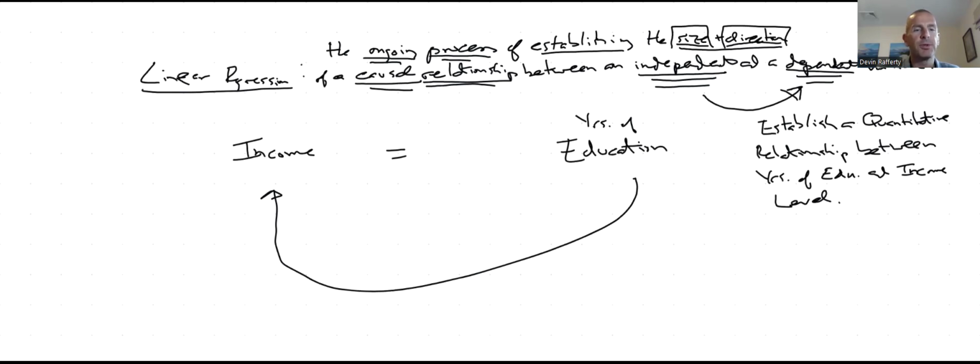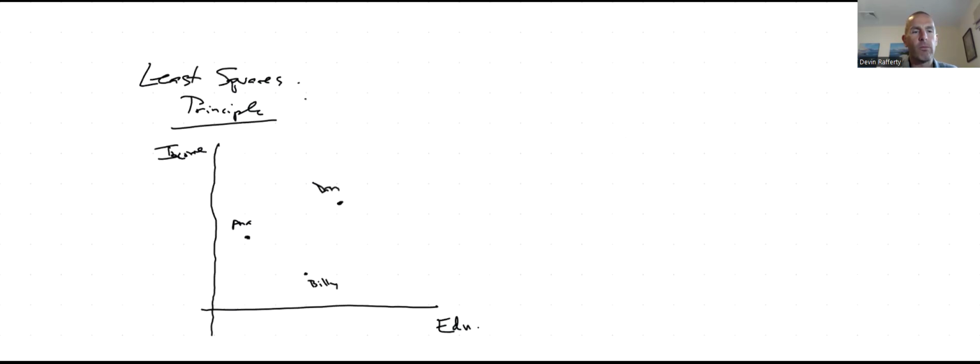And what the least squares principle does is it takes this graph and shoots out a series of lines. I'm only going to draw two of them just to highlight the point.